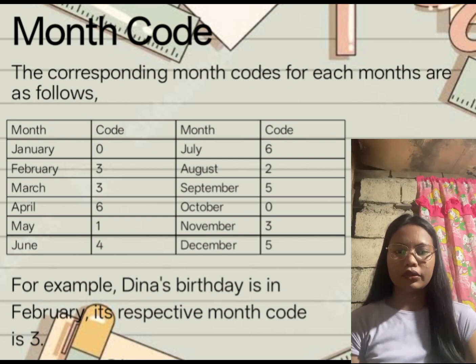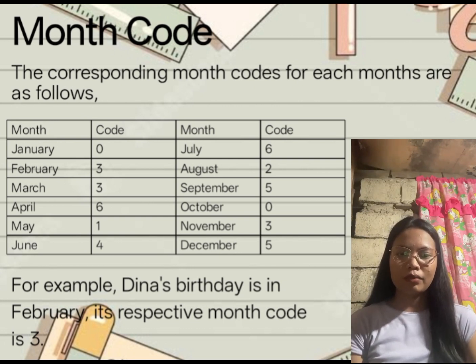Next is the month code. To compute the month code, we need to memorize the numbers 0336, 1462, 5035. So the corresponding month codes for each month are as follows.